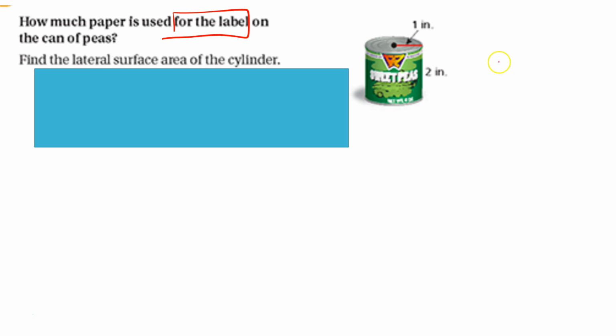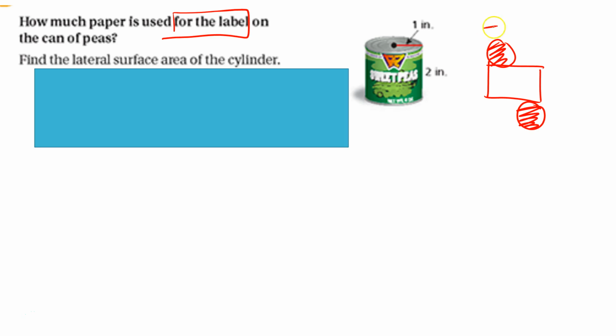Remember, a cylinder is made up of two circles attached to a rectangle. Is the top of the can covered by the label? No. Is the bottom? No.